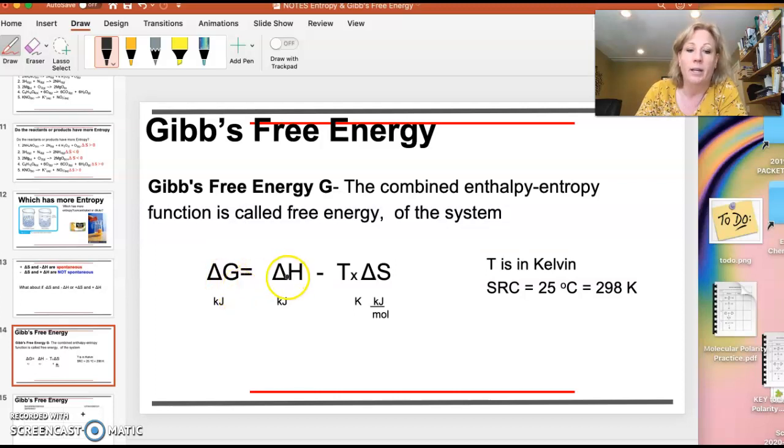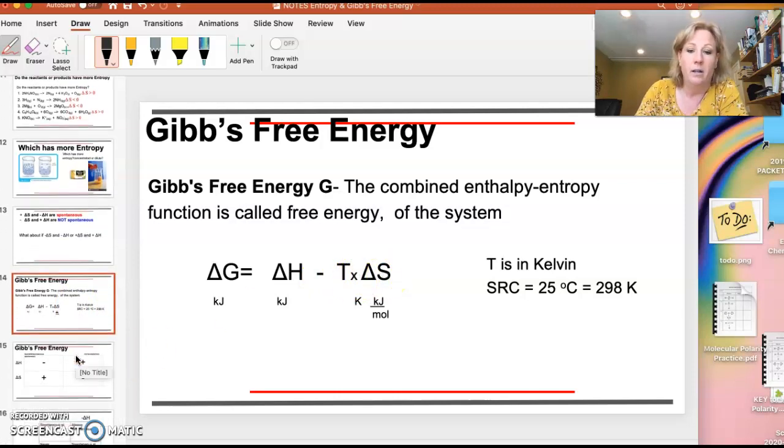So we can plug in the enthalpy value, minus the temperature, which has to be in Kelvin, times the entropy value. One thing I would add in the notes is that a negative delta G is spontaneous at that temperature. Positive means it will not happen.